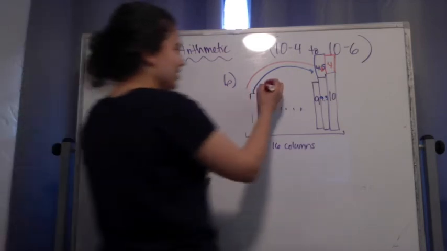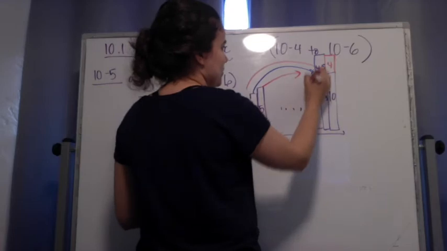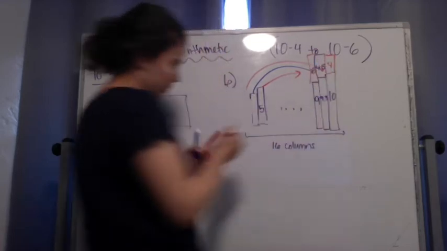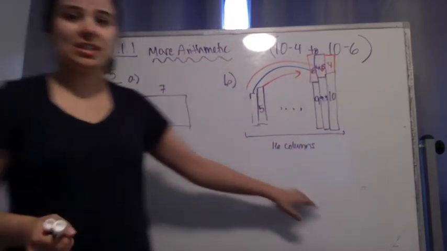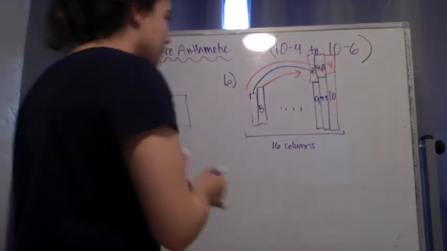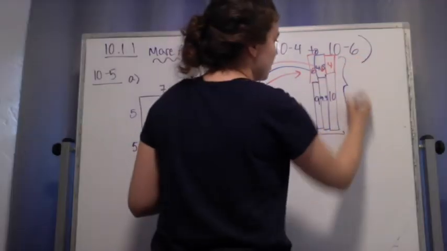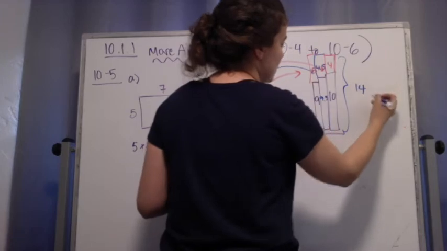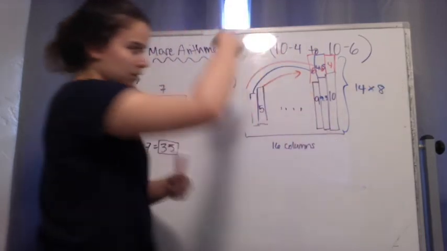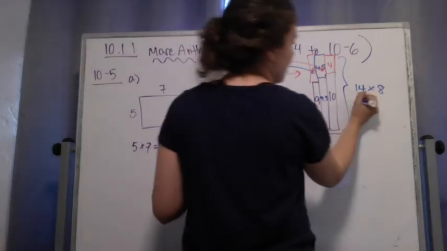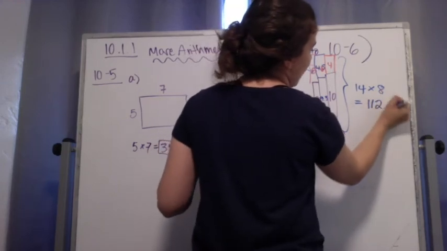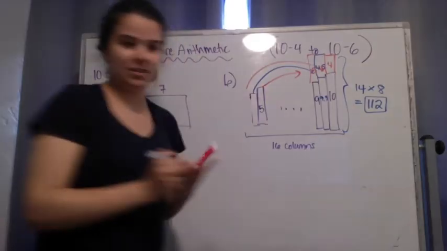And continuing on, right, we can keep doing that. So we can put this 5 here to make another 14. And all in all, we started with 16. We pair them off into groups of 2. So we end up with a 14 by 8 rectangle, getting us 112 as the result of our series.